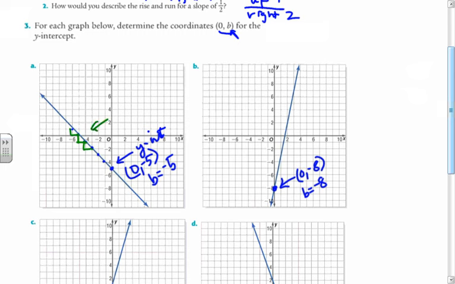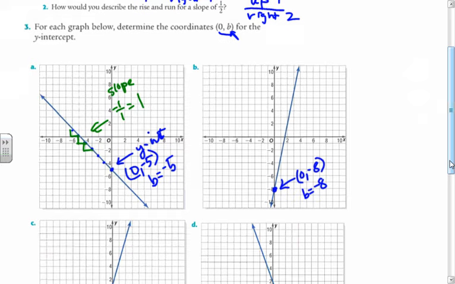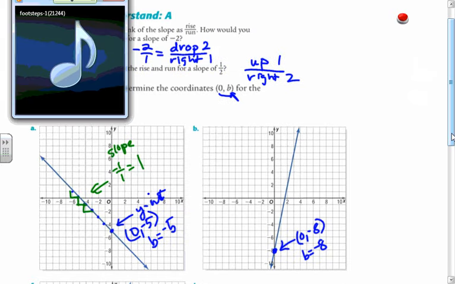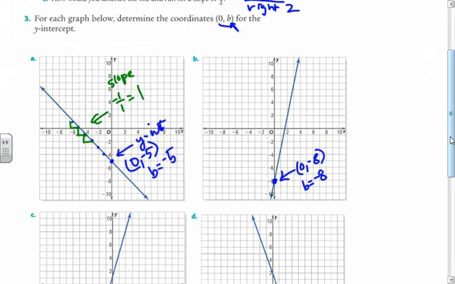So the slope of this line is -1 over 1, or -1. The slope of the second line, it looks like we're going up 5 for every 1 we go over. So the slope of this line is 5 over 1, or just 5.